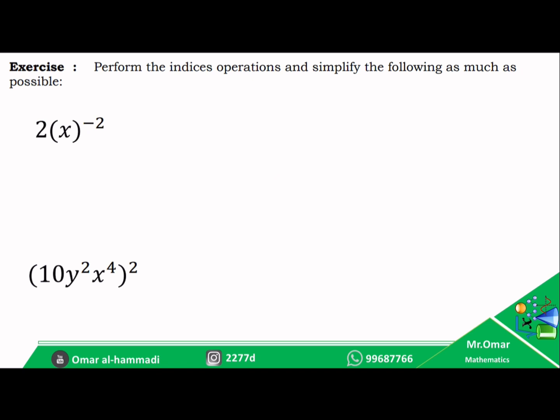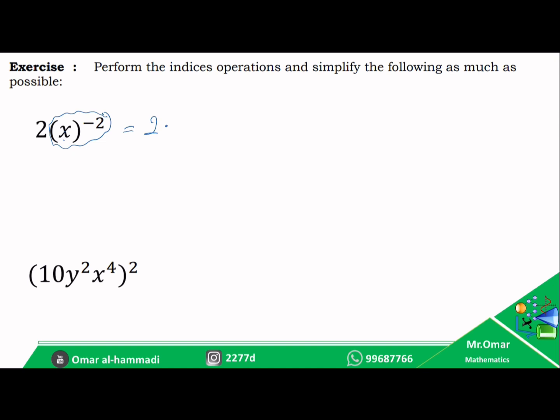Also, we have here another example. Perform the indices, the same things. First of all, we have to focus on this one. What do you mean by x to the minus 2? We have the negative index. That means we have to write just 2 multiplied by, let me write it like a dot, because we have here an x. Multiplication.